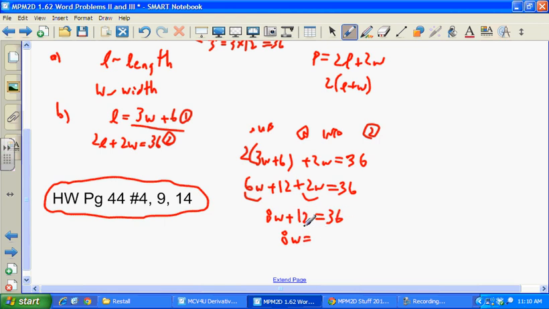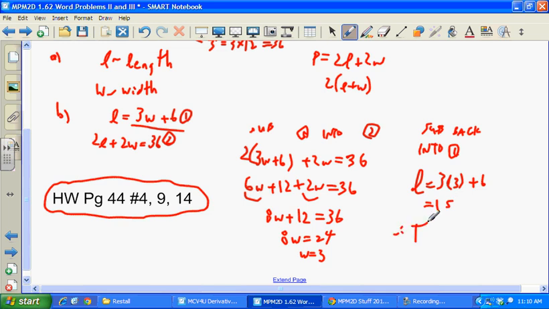I subtract 12 from both sides, and I get, divide by 8, the width is 3, sub back into 1, and I get the length is 3 times 3 plus 6, that's 9, 15.